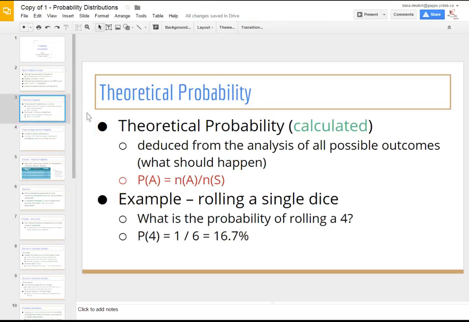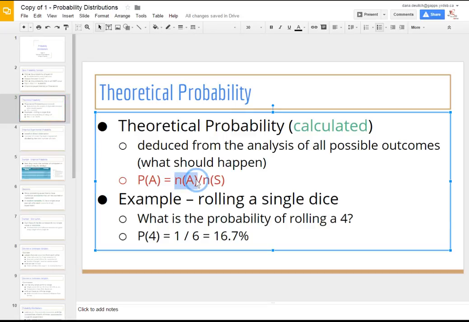So theoretical probability, again, is calculated. We calculate it from all possible outcomes of what should happen. We take the number of ways of the thing that we want to happen divided by the total number of ways of anything happening, any possibility.